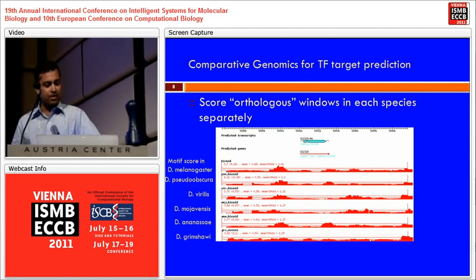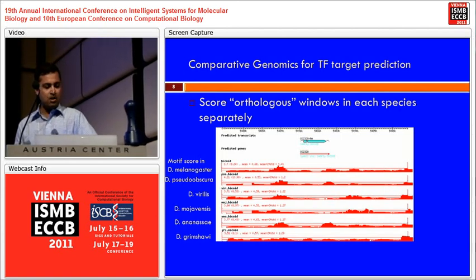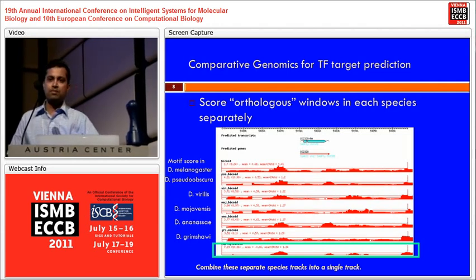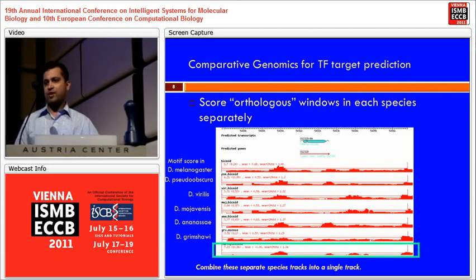And then you try to combine the scores from orthologous windows in those species into one score for your motif. And hopefully you'll end up with a much cleaner profile that's based on comparative genomics and that reflects the extent of functional binding of the transcription factor at any locus in the genome.